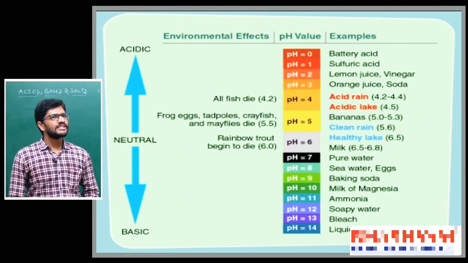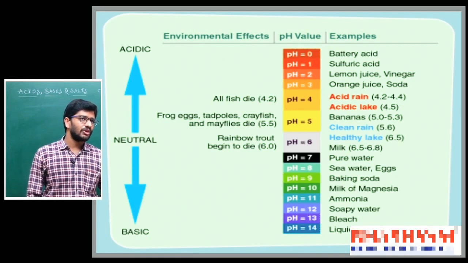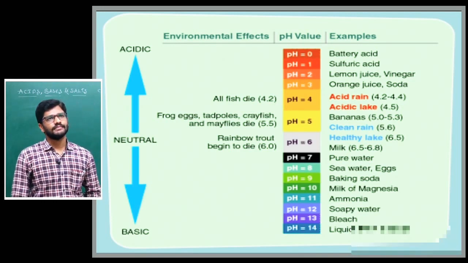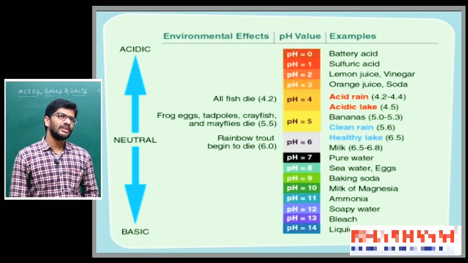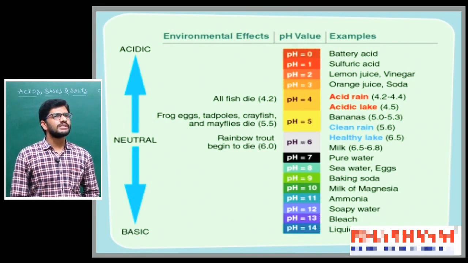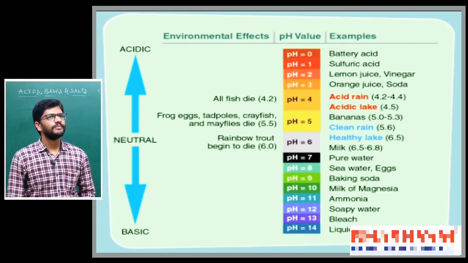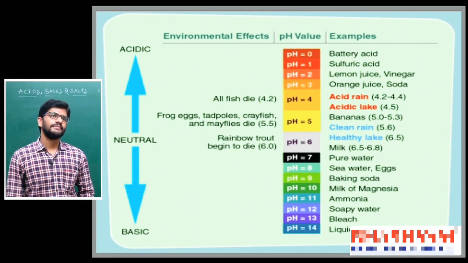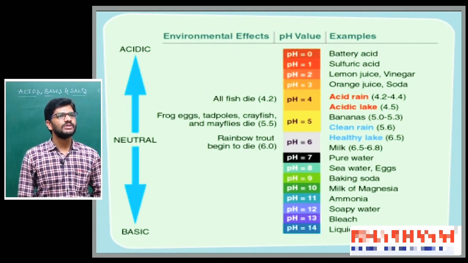If pH is equal to 0, the substance is battery acid. Sulfuric acid shows a pH value of 1, lemon juice and vinegar pH value 2, orange juice and soda pH value 3, acid rain and acidic lake have pH value 4.